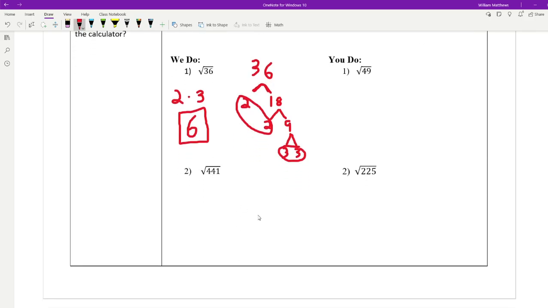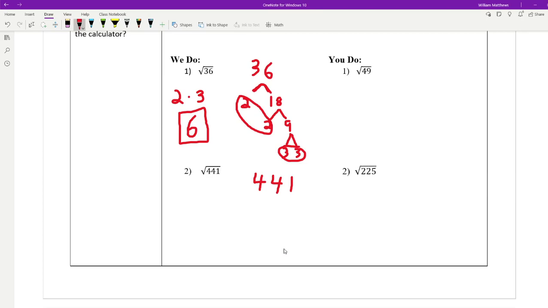We can do the same thing for 441. What I like to do is start from the smallest prime numbers and move upwards.